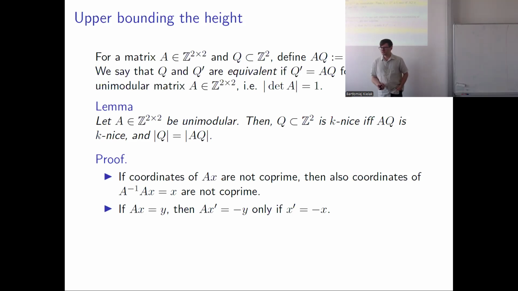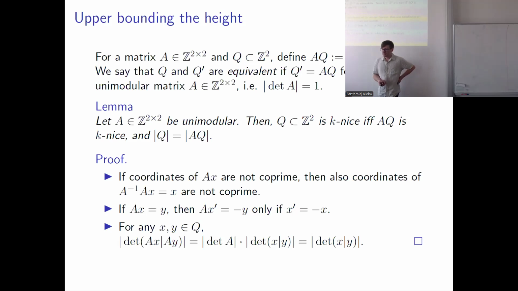Also, we need to ensure that if I have a point x in my new set, then minus x is not included, or y and minus y. But this is again basic, because unimodular matrices have only unique solutions, because those are like equations that we want to solve, because the determinant is nonzero. And finally, we need to verify that the intersection criterion is preserved.